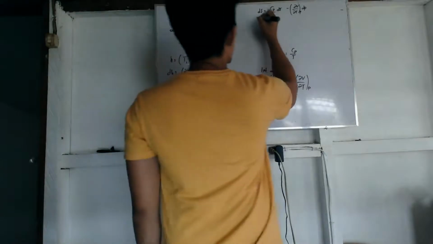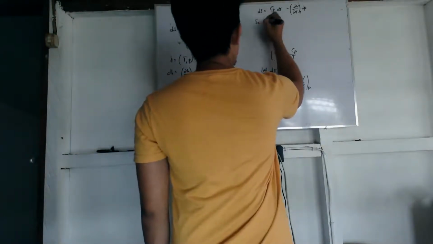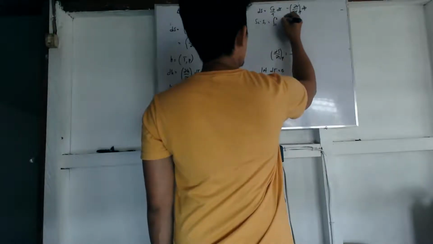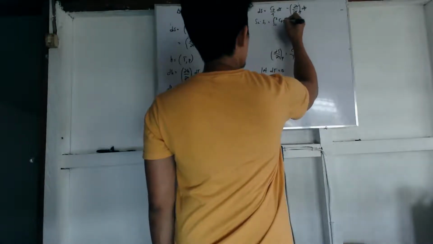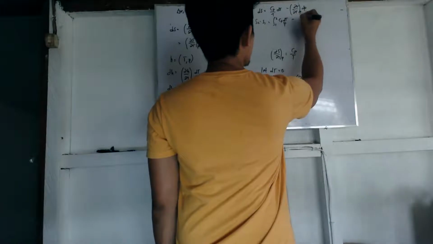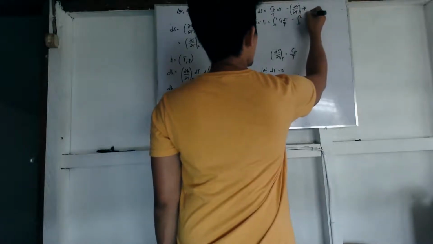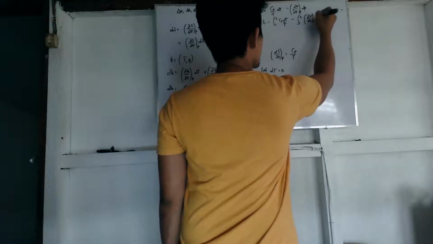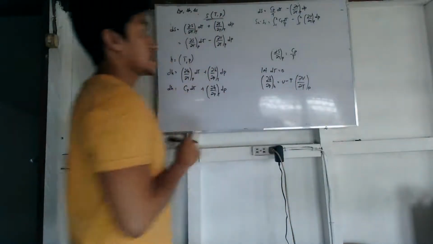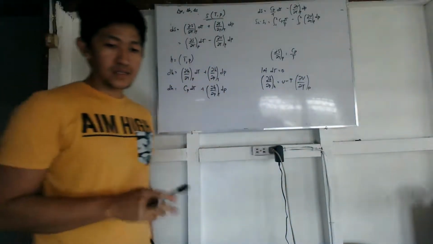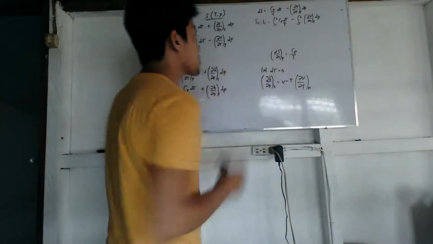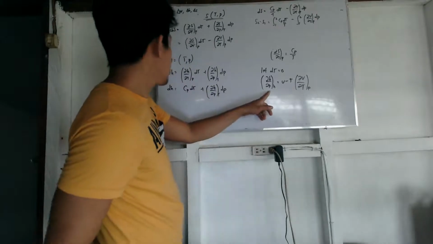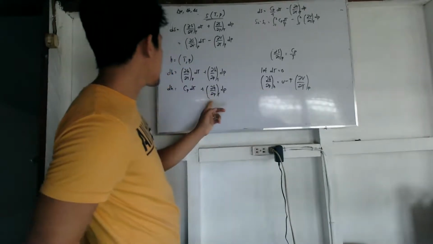So we have the integral of Cp over T dT minus partial of V with respect to T dP. Okay, so this is your change in entropy, and we will substitute this into this equation.